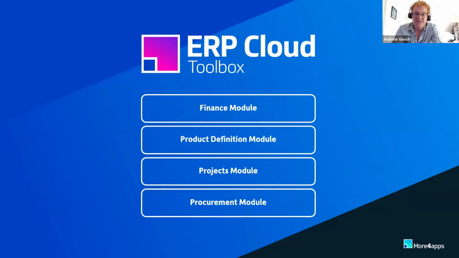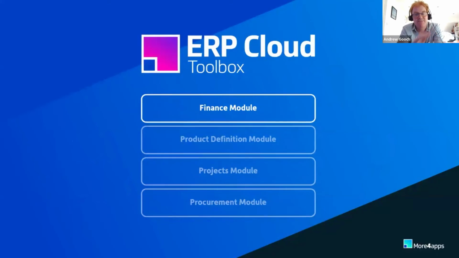So you'll find them, as I said, in the finance module within the ERP Cloud Toolbox. Well, what's the ERP Cloud Toolbox? The short answer is it's a spreadsheet integration tool, striking the perfect balance between usability and power. So we've seen FBDI and its shortcomings, and the Cloud Toolbox hits them head on.